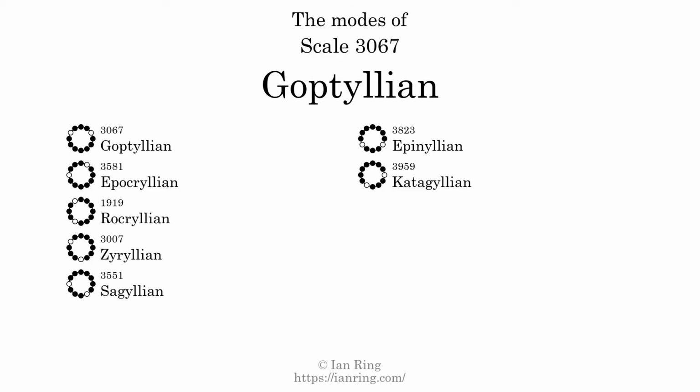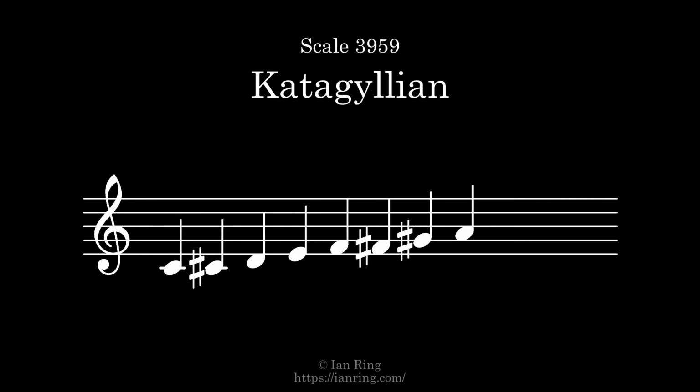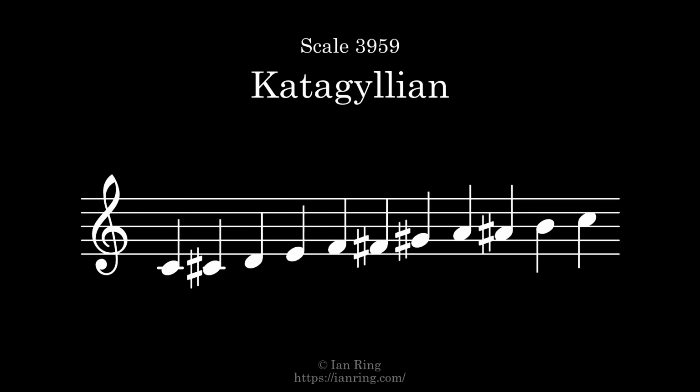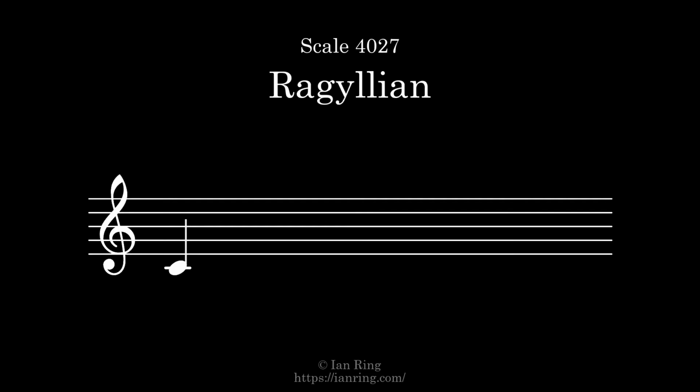The seventh mode is scale 3959, also known as Goptyllian. It sounds like this. The eighth mode is scale 4027, also known as Heteromorphism. It sounds like this.